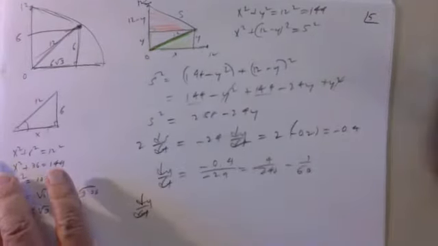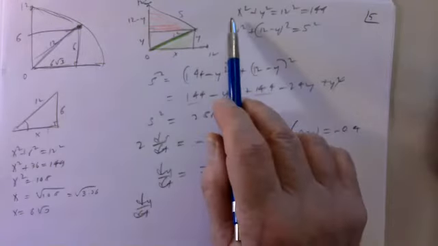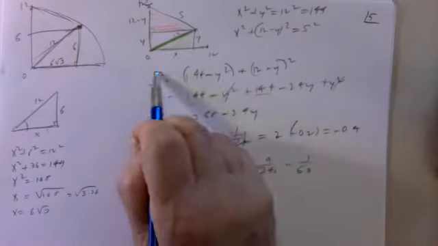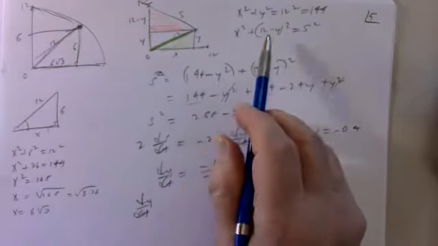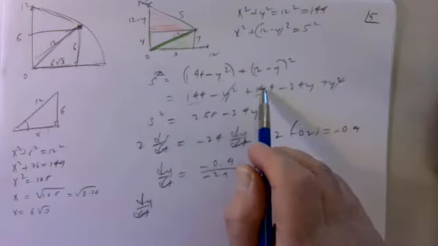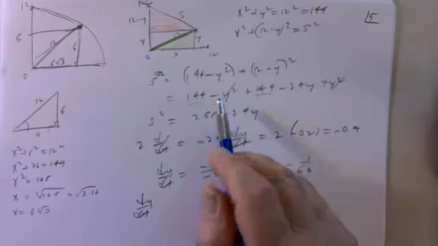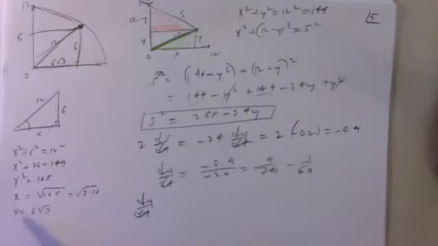So you can eliminate x squared from these equations, because x squared is 144 minus y squared. So s squared is 144 minus y squared plus (12 minus y) squared. When you expand that, you get 144 minus 24y plus y squared. These cancel. So you get s squared is 288 minus 24y.